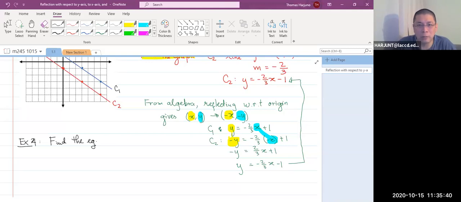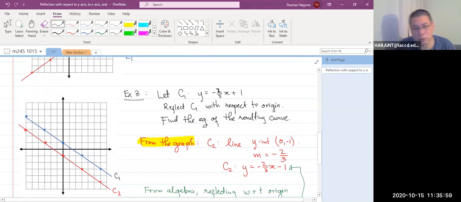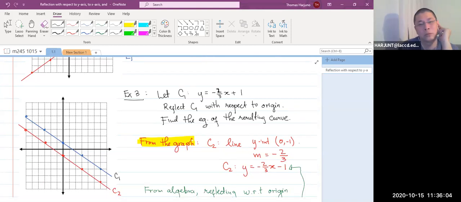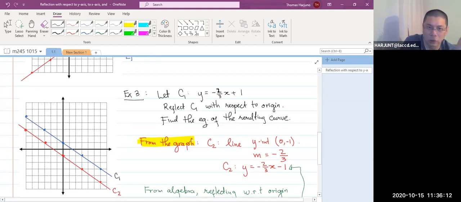But the idea we are doing right now is not only about lines. It is true that when you have a line and you reflect it with respect to the origin, the slope will be the same and the y-intercept will be the opposite. I can say even more than just keeping the slope. But we are not dealing with only lines. If we were dealing with lines, I wouldn't need to teach you this.